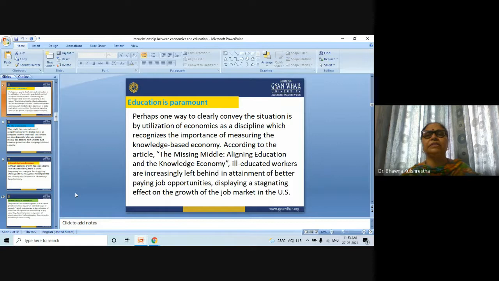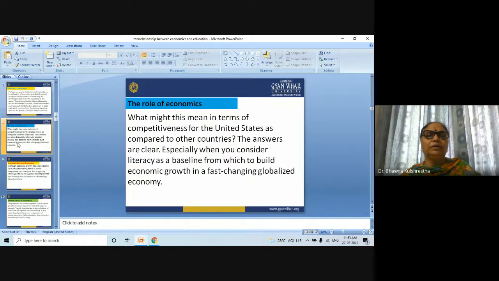It reveals that 6 out of 10 jobs were held by university educated laborers and that correspondingly the wage premium for such workers has increased by some 70% since the 1980s. And the role of economy.